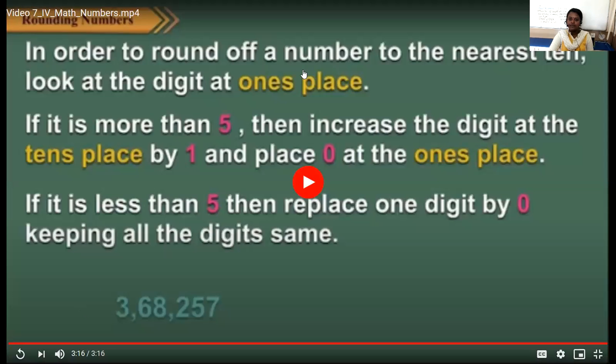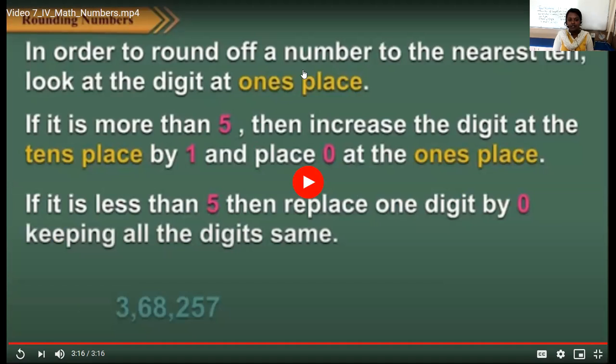So it was interesting to know how to round off the numbers. A very simple concept: whichever the nearest, either it is 10, 100 or 1000, you need to see the very next digit according to the position of the place value. If the digit is less than 5, we keep the digit the same and the next number is made 0.